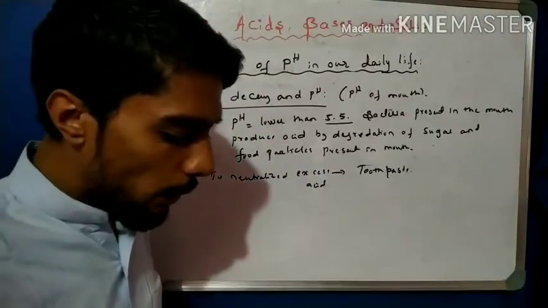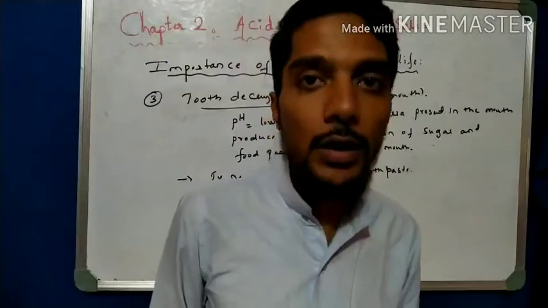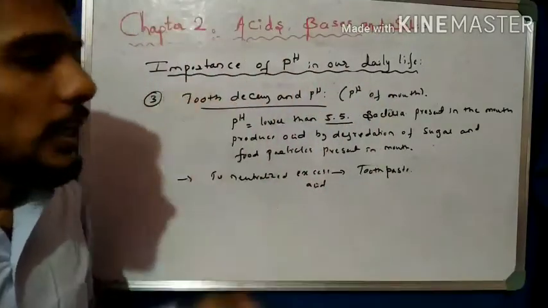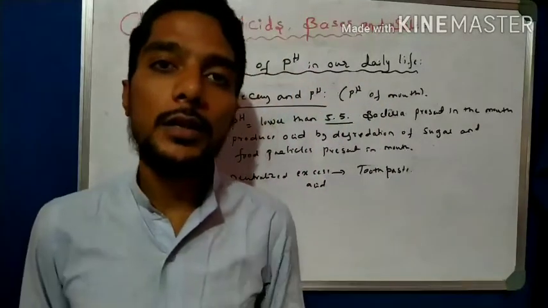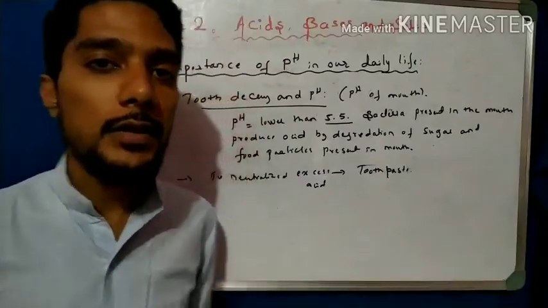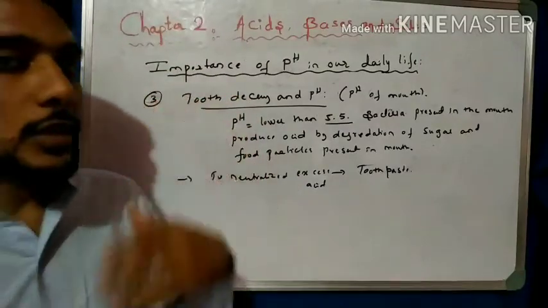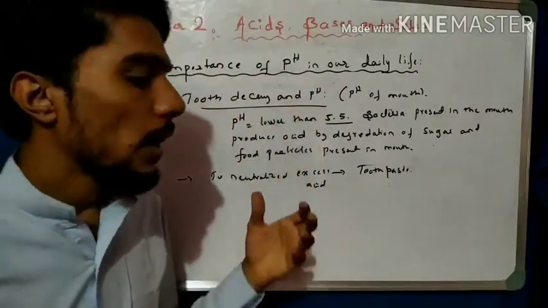So these are very important points we have learned about the pH value of soil, plants, animals, the stomach, the mouth, and acid rain.